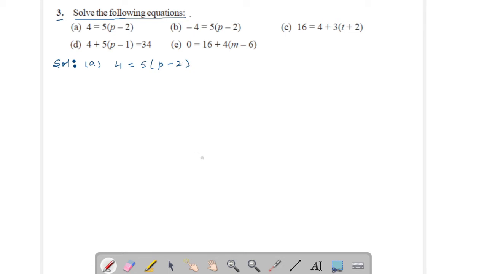Here simply open the bracket. This can be written as 4 equal to 5p. So 5 into p, multiply 5 with p, that is 5 into p, minus again multiply 5 with 2, that is 5 into 2.